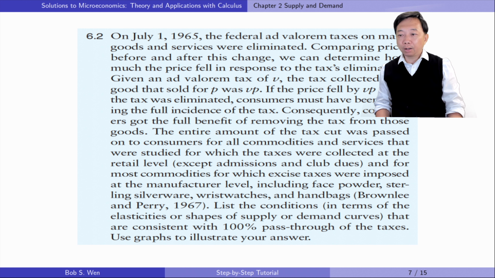The last exercise shows that the more price elastic, the less tax burden. If consumers bear the entire burden of the tax, the price elasticity of demand must be 0, or the price elasticity of supply must be 1.